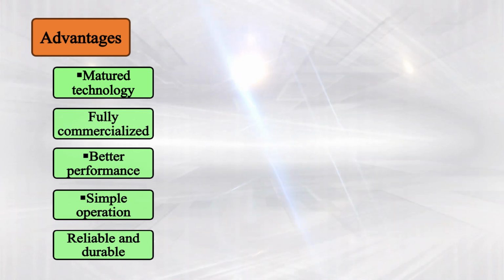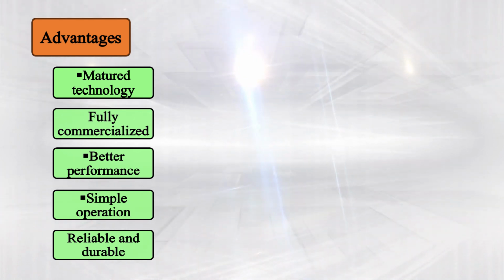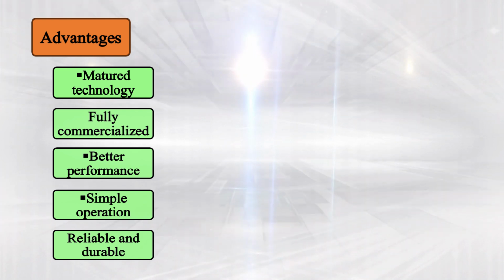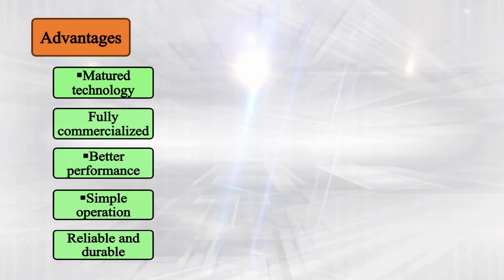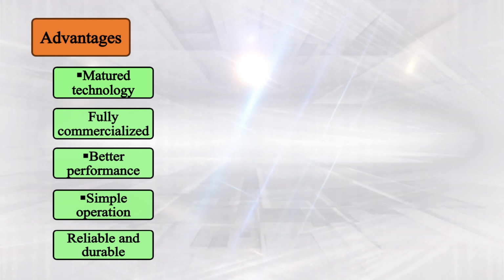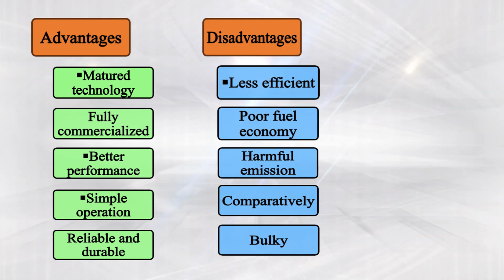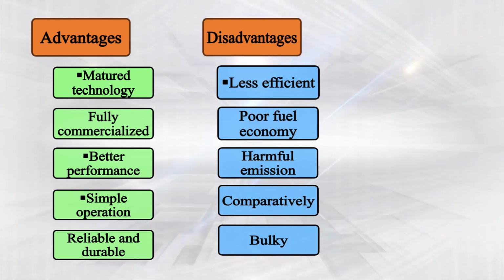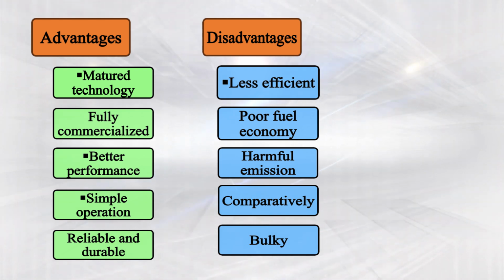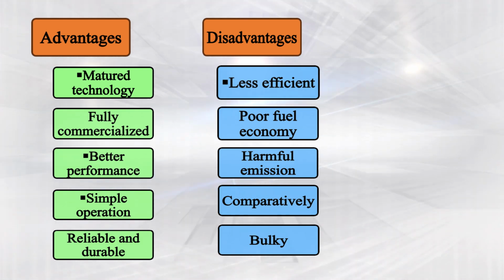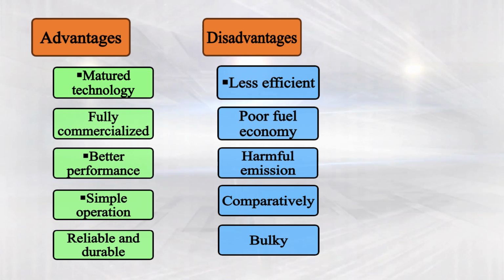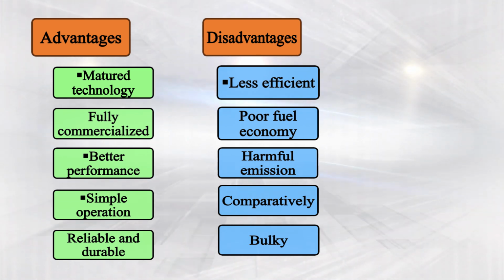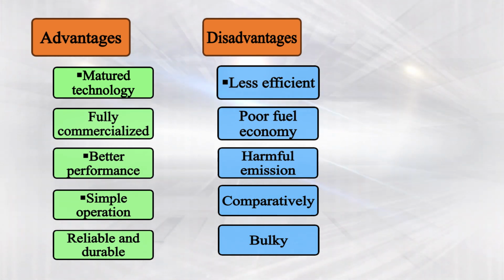If you look into their advantages, it is a mature technology, fully commercialized, it has better performance, simple in operation and quite reliable and durable. However, the disadvantages are that it is less efficient, has poor fuel economy, has severe harmful tailpipe emissions and is quite bulky in nature.